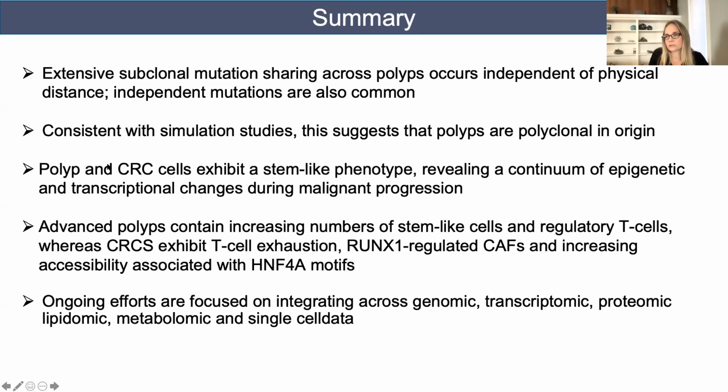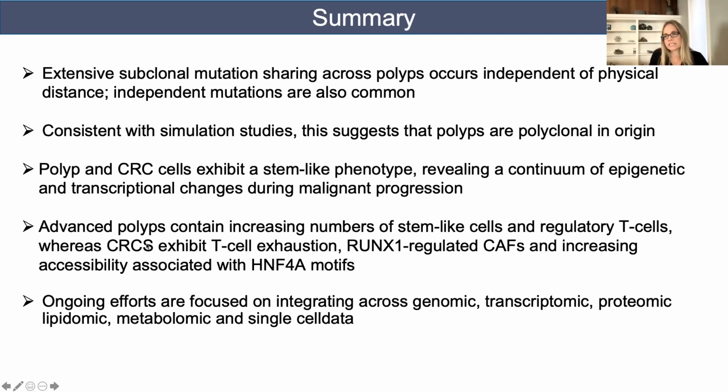Now, the polyp and colorectal cancer cells both exhibited a stem cell-like phenotype, and we observe a continuum of both epigenetic and transcriptional changes during malignant progression. I didn't have time to talk about this, but this is also mirrored at the DNA methylation level. And we find that advanced polyps tend to show increasing numbers of stem-like cells as well as regulatory T cells.